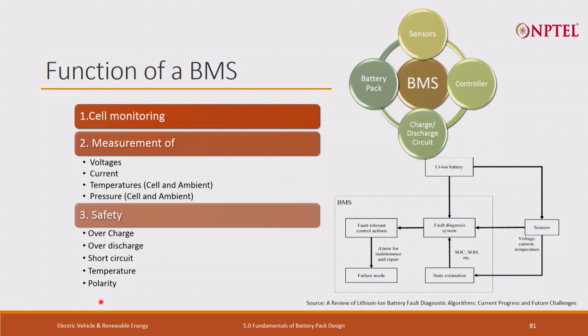And what you see here, in the lithium ion battery pack, you have multiple sensors. Using these sensors, you do the fault diagnosis, and you also have the state estimation like SOC, the state of charge, and SOH, the state of health. And for the fault diagnostic system, you have a fault tolerant control action.